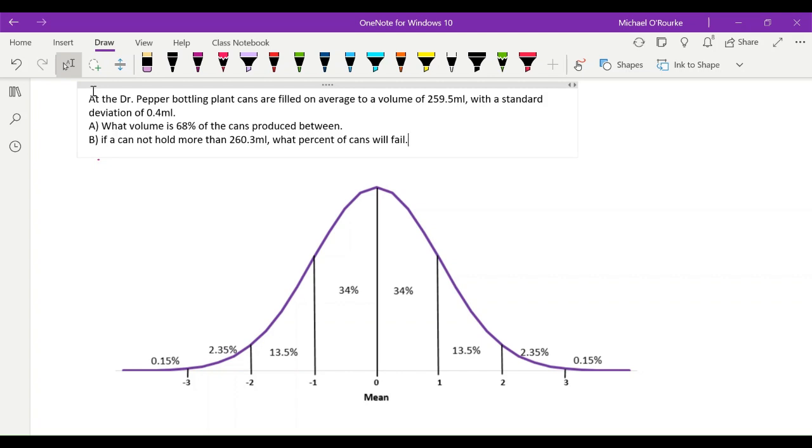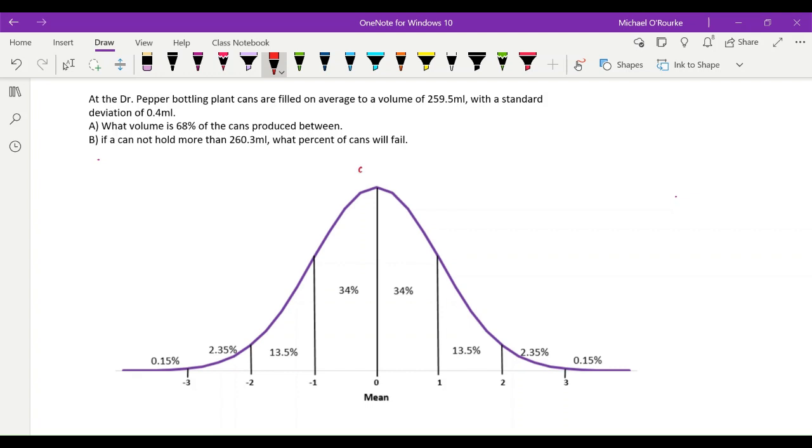My wording on B is going to be a little odd. As in 260.3 seals, but 260.31 will fail. Okay? So, take a second and put your numbers on, or pause the video, and I'll do it in a second here. Put your numbers on, and then see if you can answer those questions.